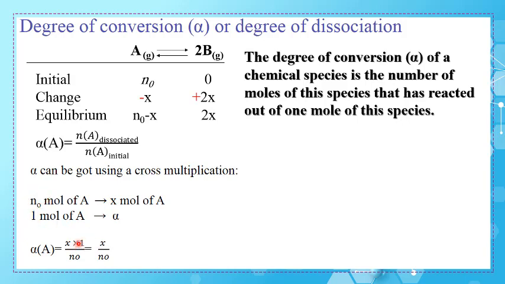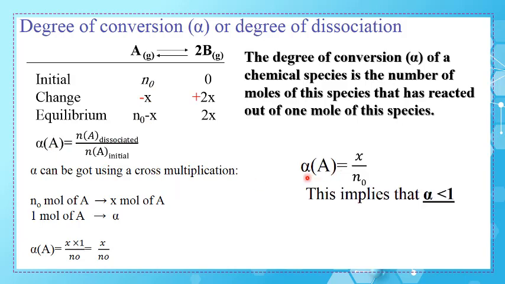We eliminate 1 because it is not needed here. So alpha will be equal to X over N0. What is X? Look at this formula. It is the dissociated molecules of A. This is why alpha of A will be equal to X over N0. You can memorize this by heart, but personally I prefer to explain it to you in order to understand where alpha comes from. And this implies that alpha is less than 1.